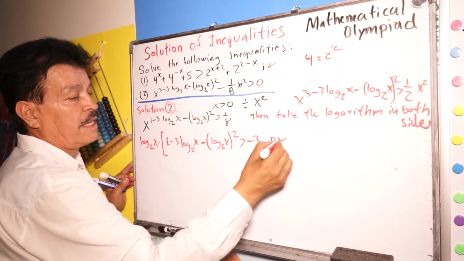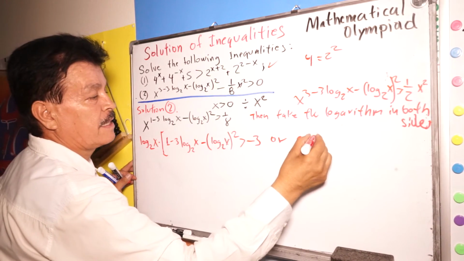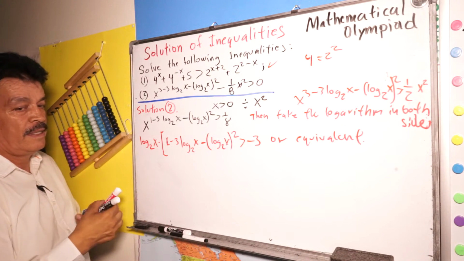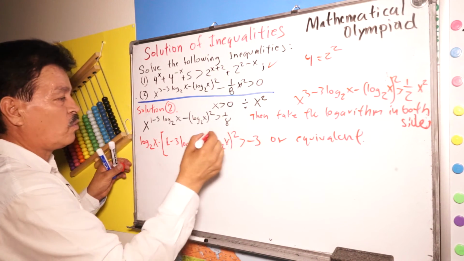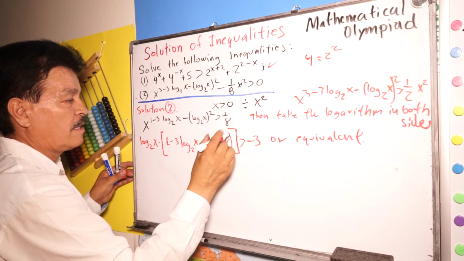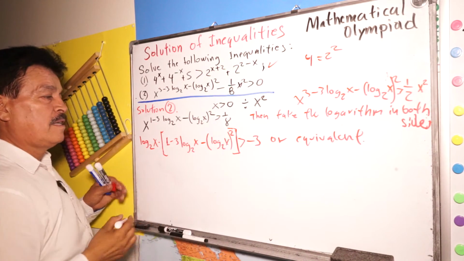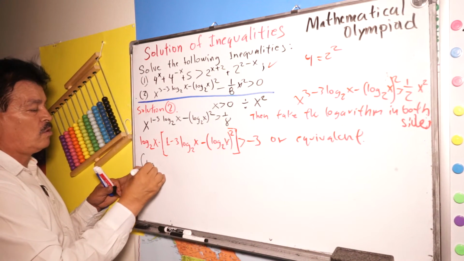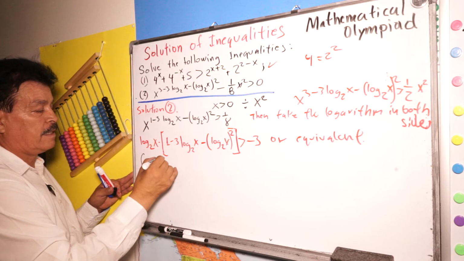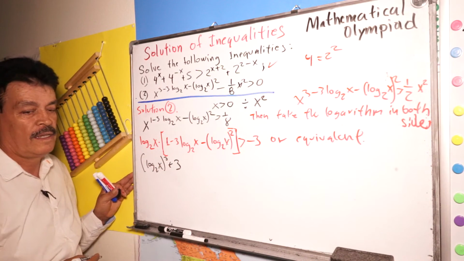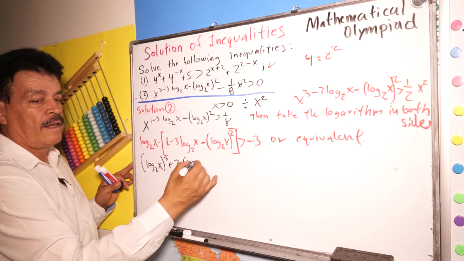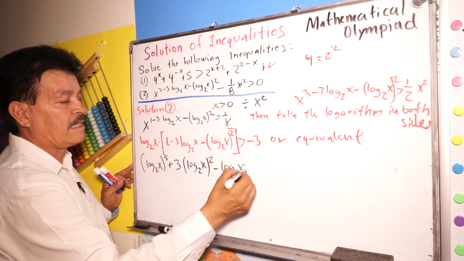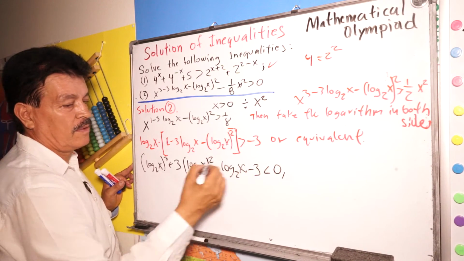Or equivalently, log 2 x to the third power plus 3 times log 2 x to the second power minus log 2 x minus 3 less than 0.